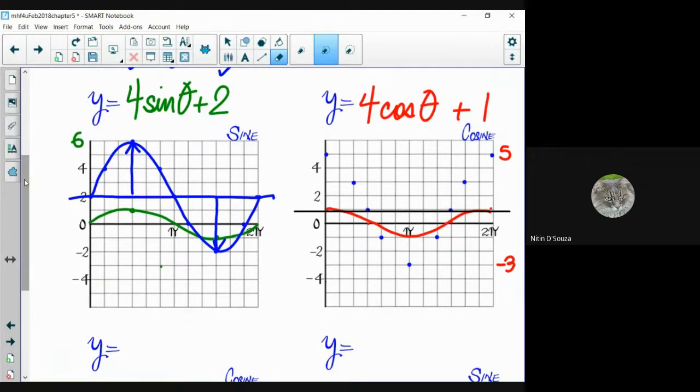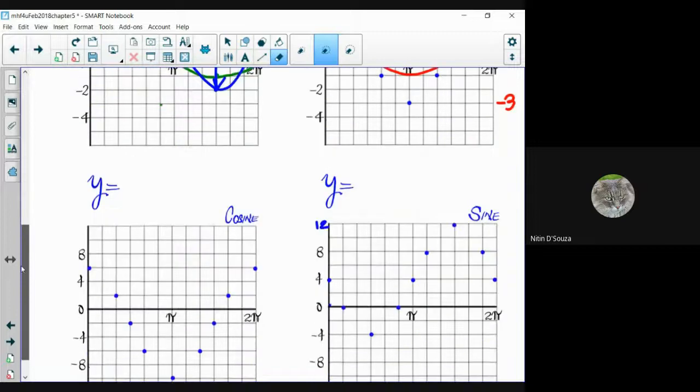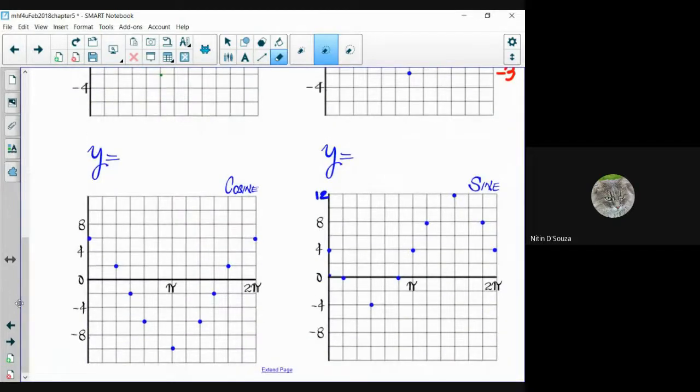Can I move this off? So here's another cosine graph. You can see that my high value is 6. My low value is minus 10.